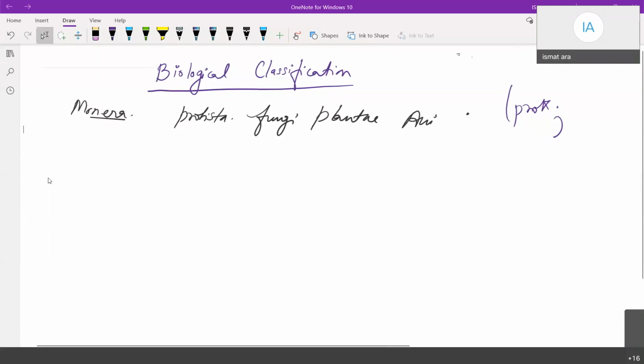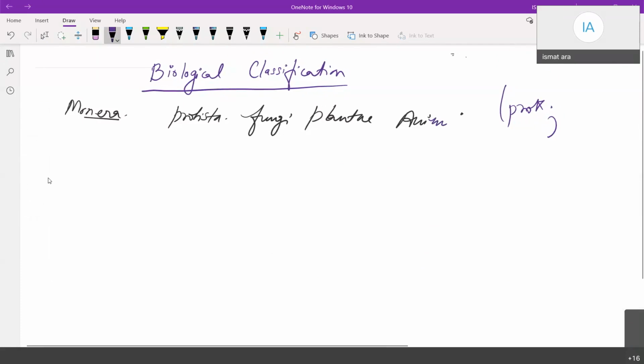See, Monera are autotrophs as well as heterotrophs.